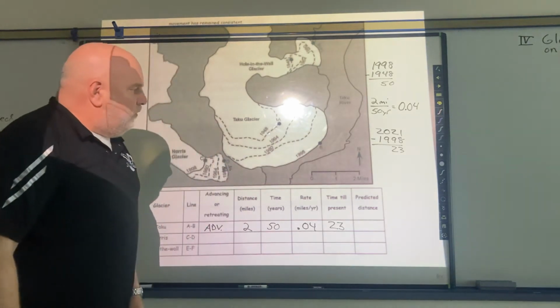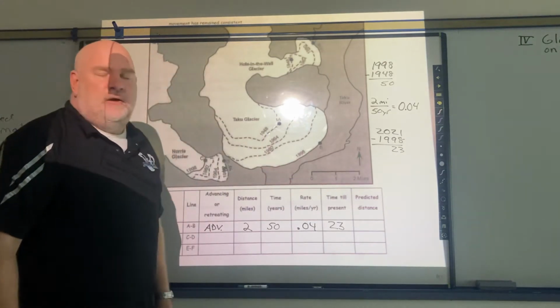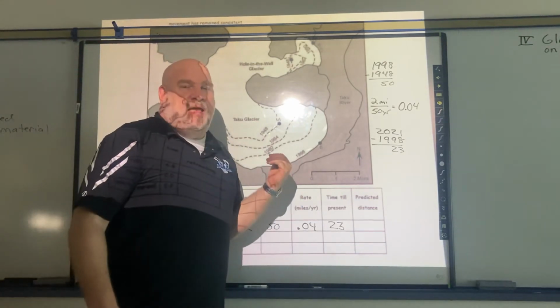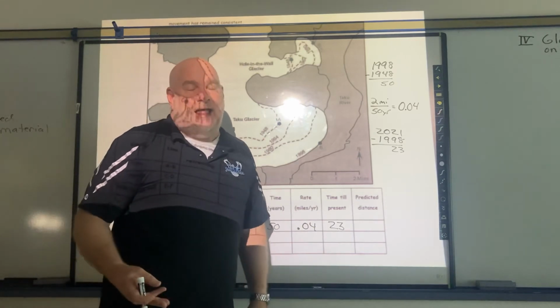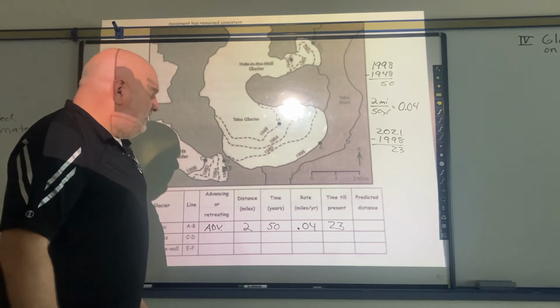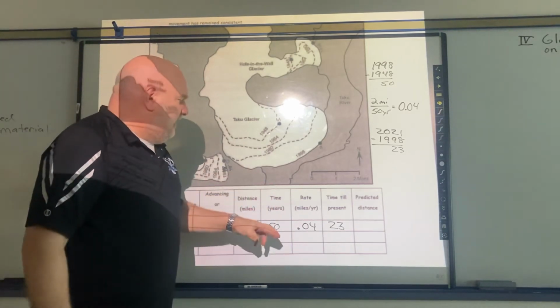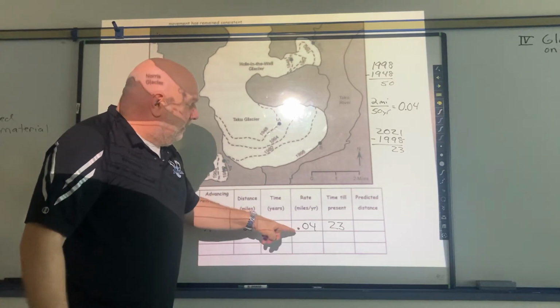Now lastly, we want to find the predicted distance. Basically, we want to figure out, based on the data we have, where the glacier is now. How we go about doing that is, I'm going to extrapolate the information I have here.